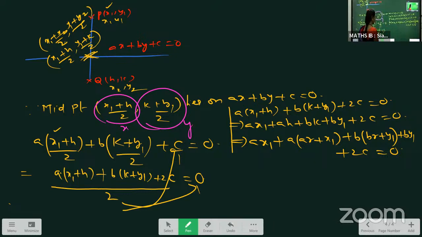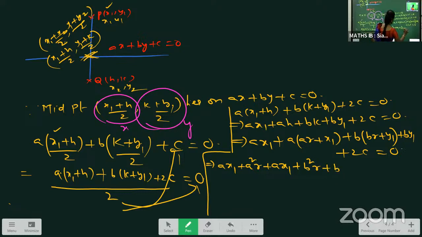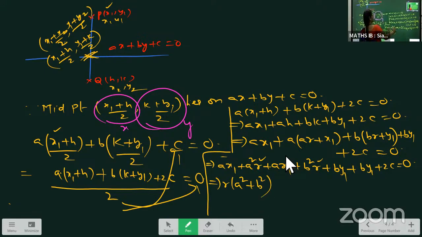Okay, so now see ax1 plus a square r plus ax1 plus b square r plus by1 plus by1 plus 2c is equal to 0. Now, r and r take as the common, a square plus b square, ax1 plus ax1, 2ax1, by1, 2by1, and 2c.